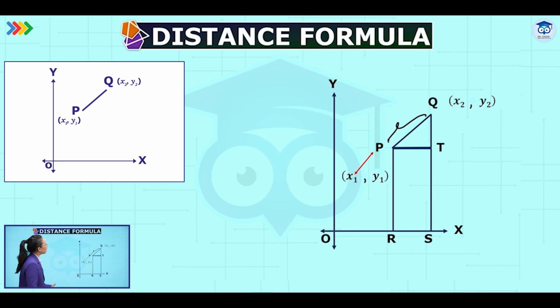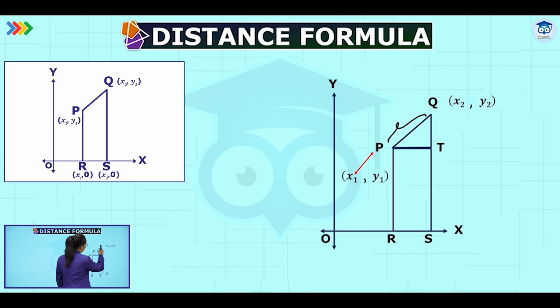So for that, what we can do is drop a line parallel to the y-axis. Again we can drop a line parallel to the y-axis, right? So these 2 lines are parallel to each other. Then we can draw a line again here parallel to the x-axis. So here we can see that it forms a 90 degree angle, right?